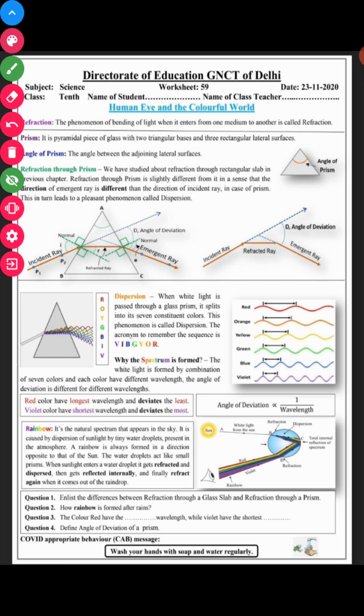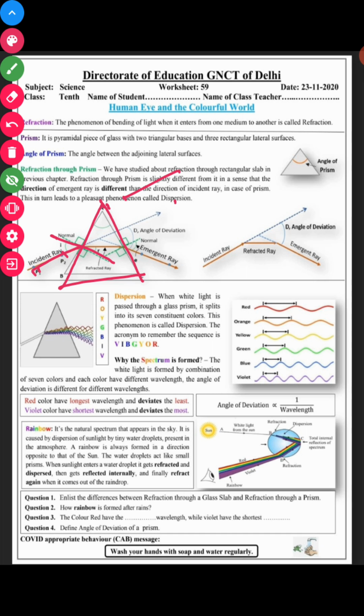Okay, so in the prism we make a normal and take an angle, and we take two pins and make an angle.